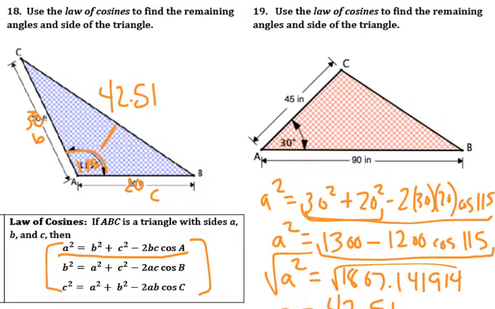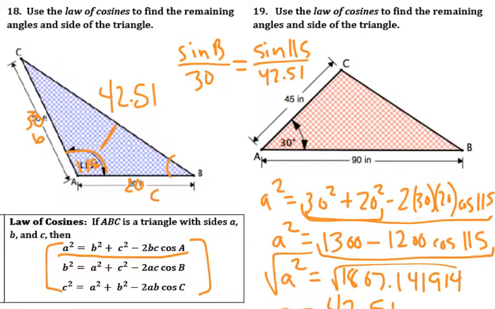Now that I've got a connection, I can find angle B by using the law of sines. Sine of angle B over 30 would be equal to the sine of angle A, 115, over 42.51. So times both sides by 30. So I get the sine of angle B equals this whole thing.